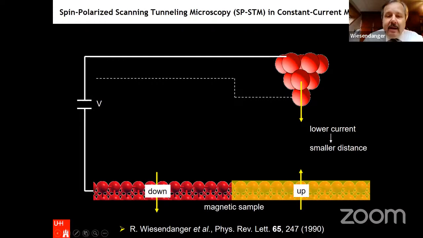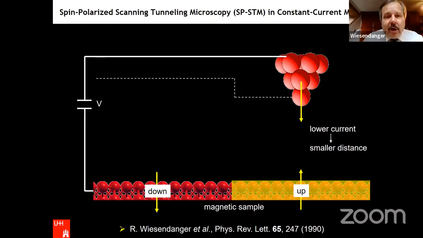That was quantitatively derived already in this early publication. And so from measuring these step heights, you can really extract the fundamental parameters you would like to have. And you can apply this very nicely for domain imaging at a scale which was not possible before.